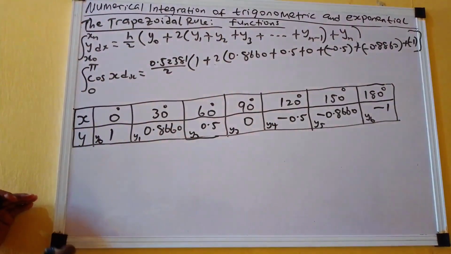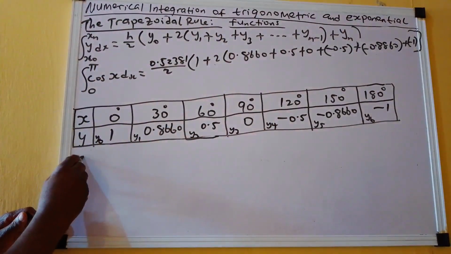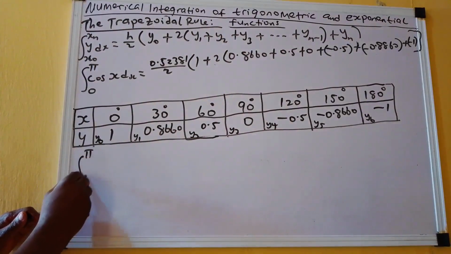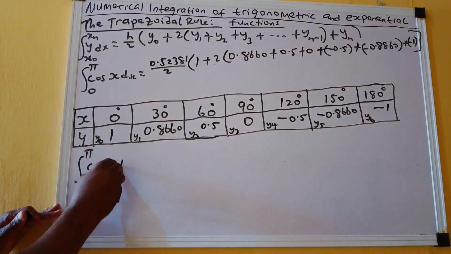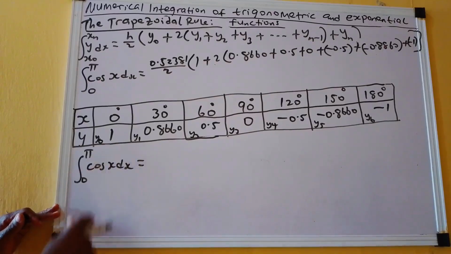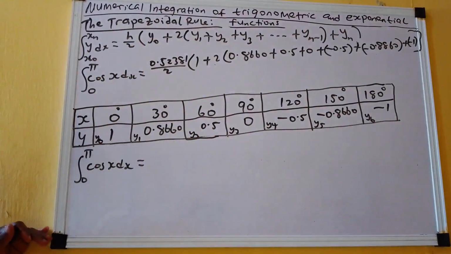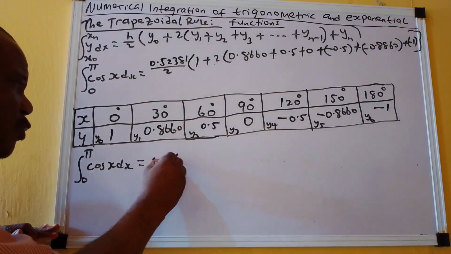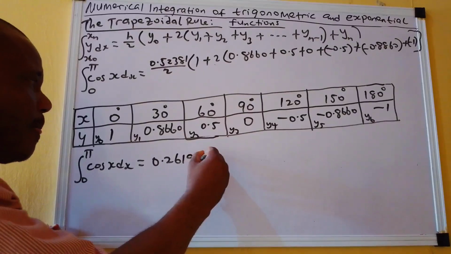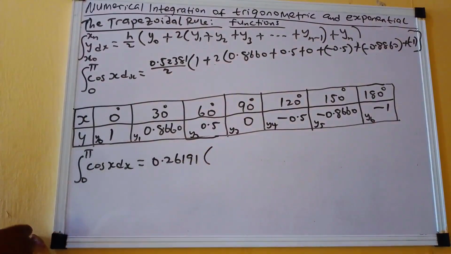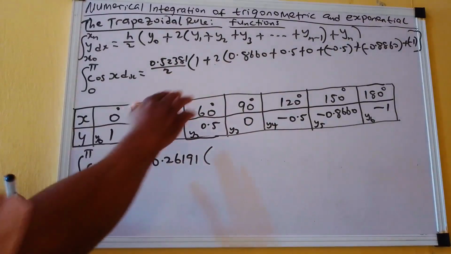So now the integral from pi to 0 of cos x dx will be equal to 0.52381 divided by 2, which gives 0.26191. Then when you open the bracket, you are going to have everything here.